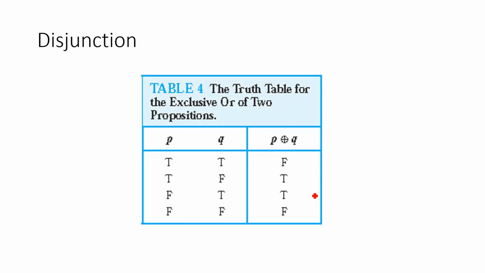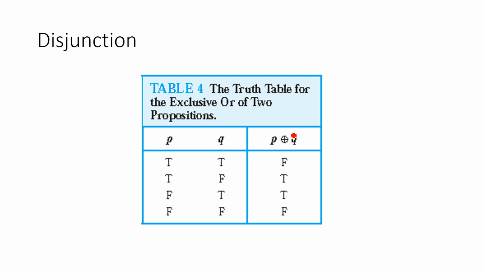As we can see here, this is the truth table for the exclusive or for two propositions. As you can notice, we have this symbol for the exclusive or.